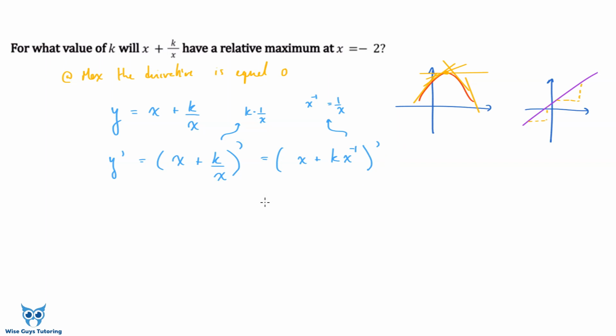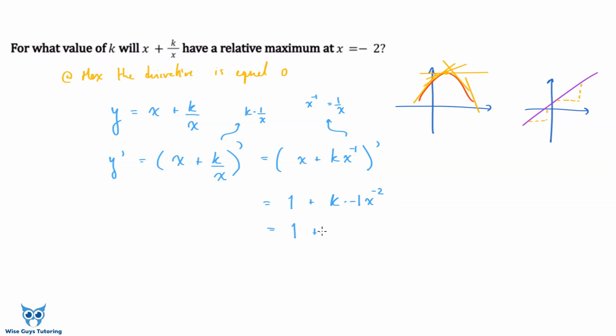Okay, so let's continue. The derivative of x is just 1. And the derivative of this guy, like I said, you bring the minus 1 down, k is a constant, right? You bring the minus 1 down as a multiplier of x, and the exponent decreases by 1, it becomes minus 2. So that's what we have. Now let's clean it up a little bit.